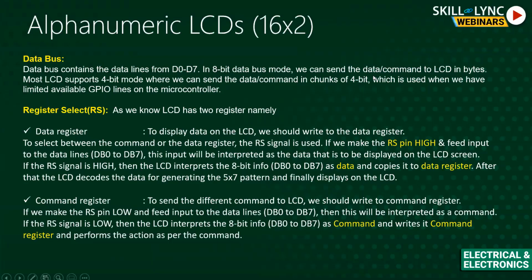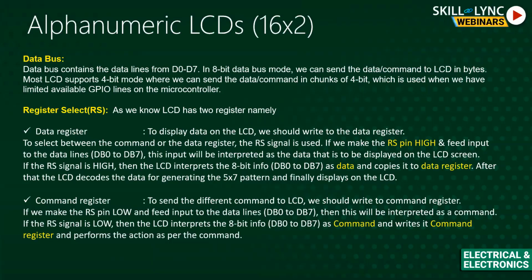Those are the data lines on which we will be sending our data. One more thing: most LCDs also provide a 4-bit mode to operate. In that case, we need to send the data nibble-wise, the higher nibble first and then the lower nibble. The LCD provides that feature, however we will not consider it at the moment. But the LCD definitely provides that feature where you can have control over 4 bits individually.